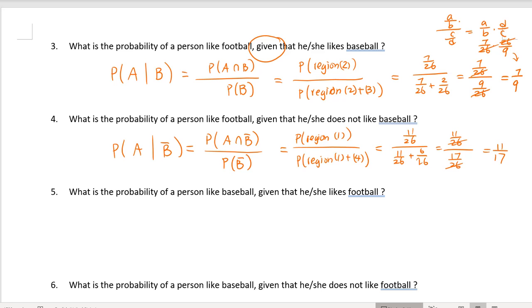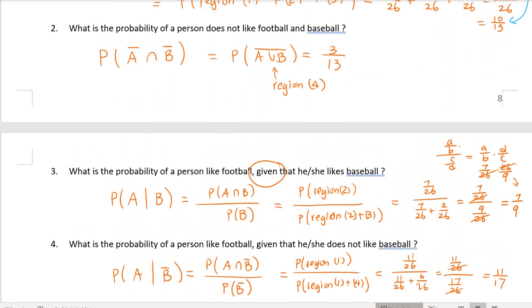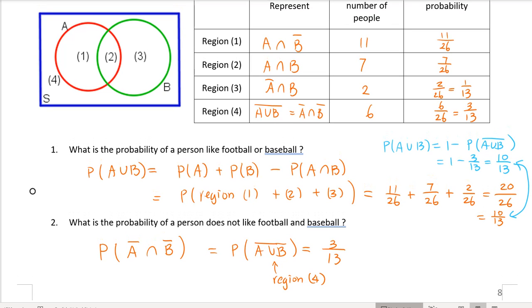Okay, let's continue. What is the probability of a person liking baseball given that he or she likes football? Right? So we have the intersection over P of A, because A has already occurred. So A and B, that is region 2, right? And then P of A is regions 1 and 2.